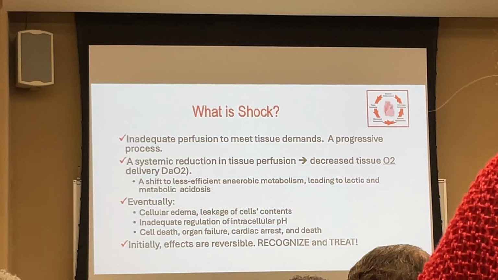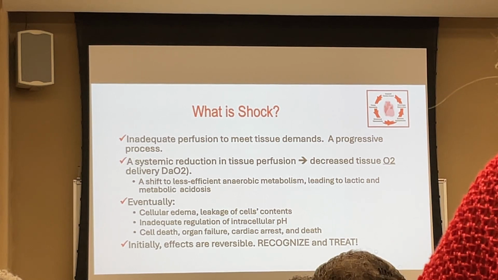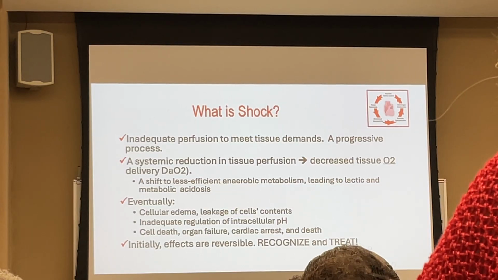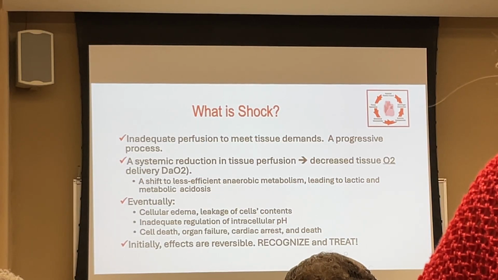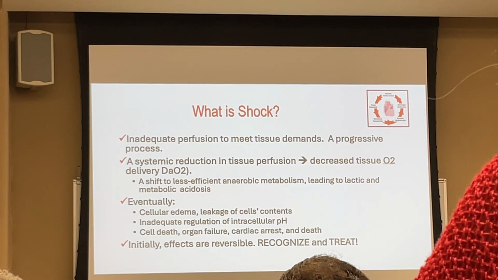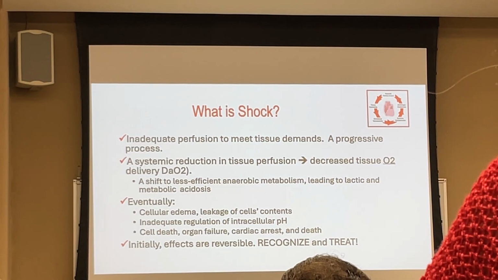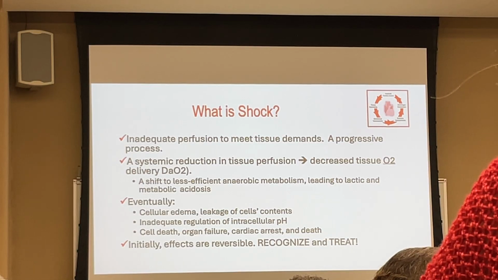Bicarb down, base deficit up, metabolic acid is up. That's going to be a really important clue for us, because we want to intervene before you end up with destruction of the lining of your capillary, which then promotes edema formation and very profound alteration at the cellular level. So that's a really, really important thing.